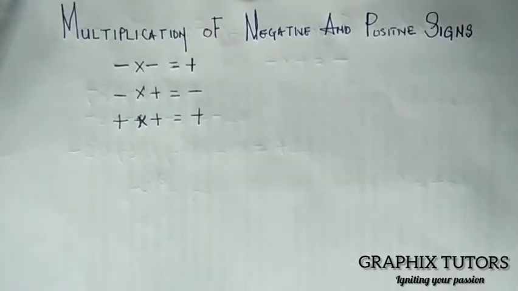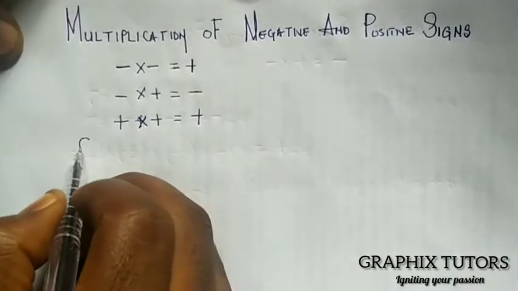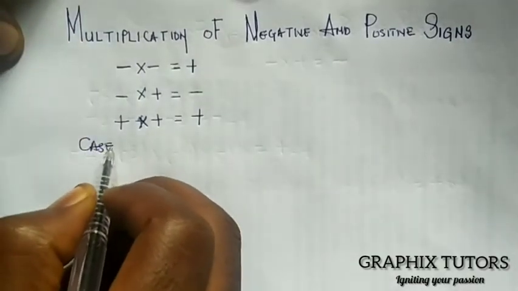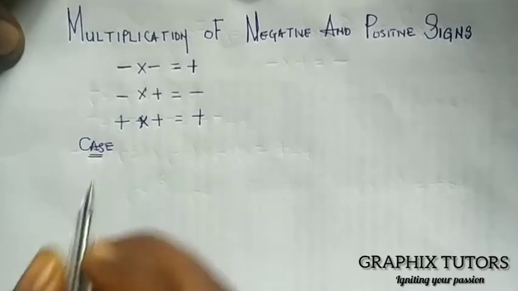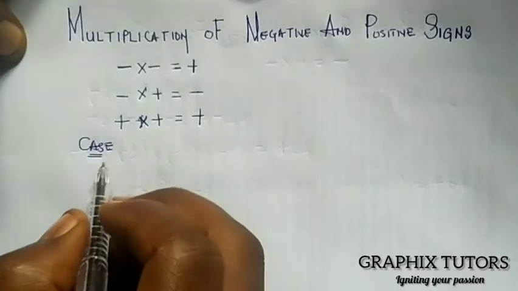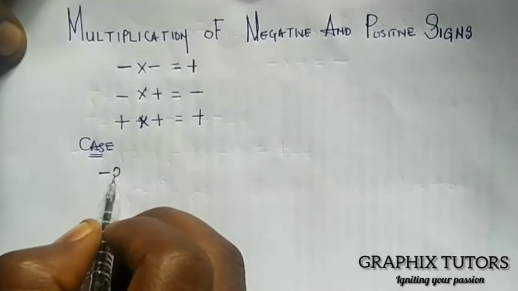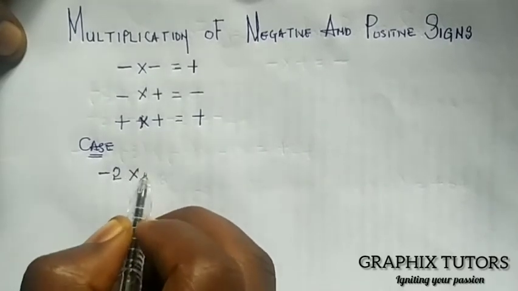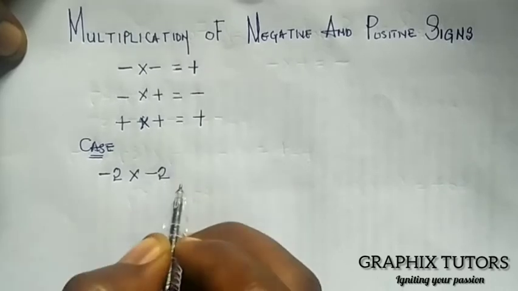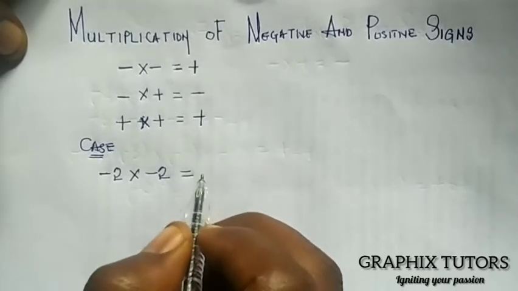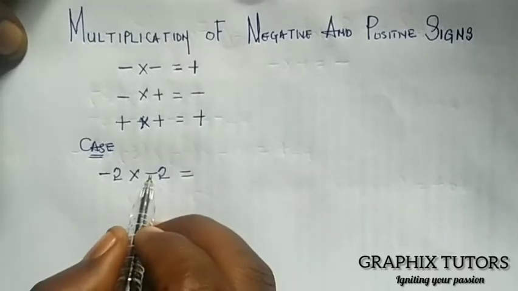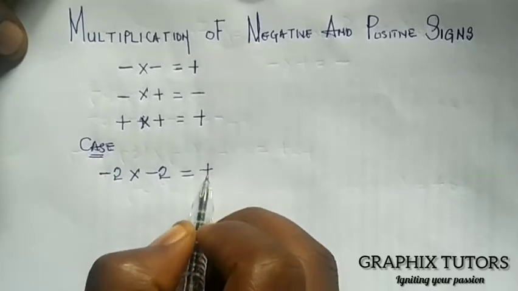Now we'll take them one after the other. Case 1. If I have minus 2 times minus 2, I'm going to have minus times minus, that is plus, right?